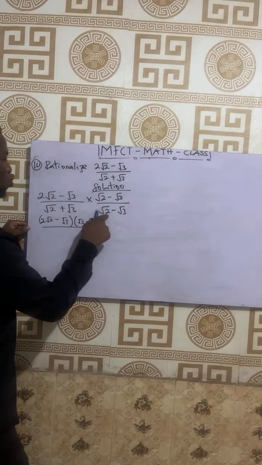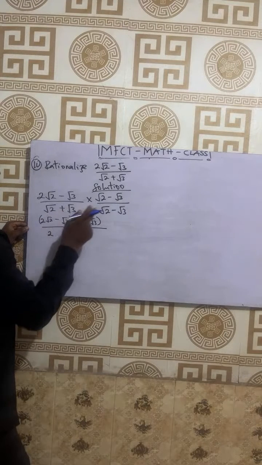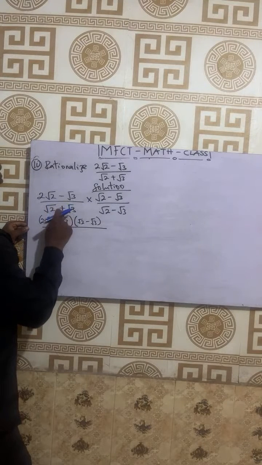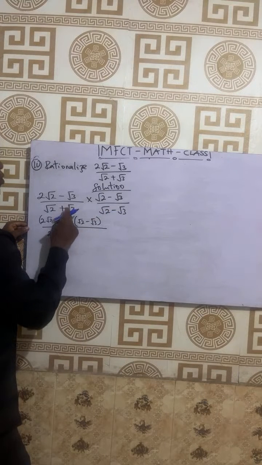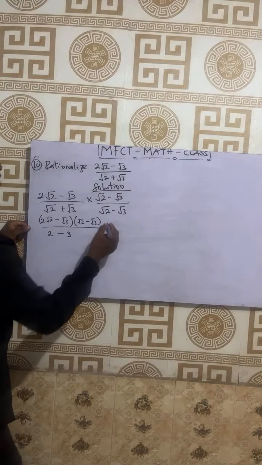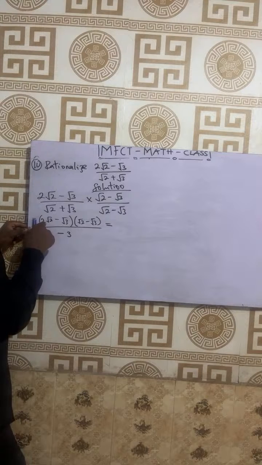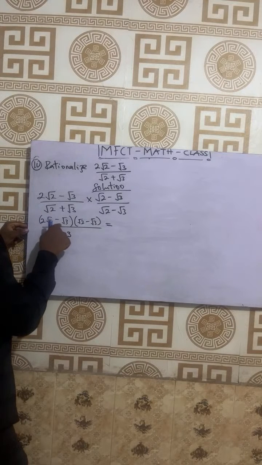Root 2 times root 2 is going to give us 2. Now, plus times minus, minus. Root 3 times root 3, 3.